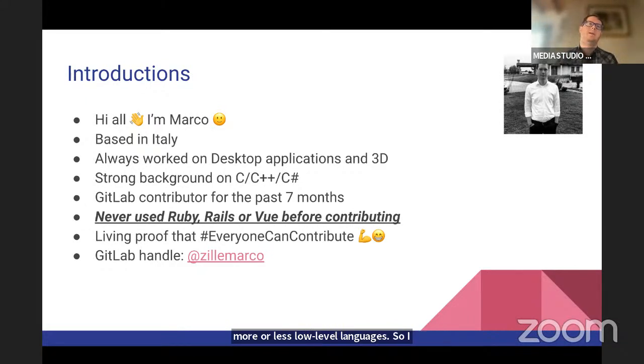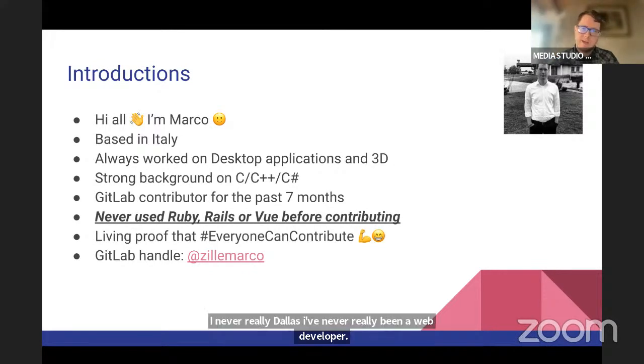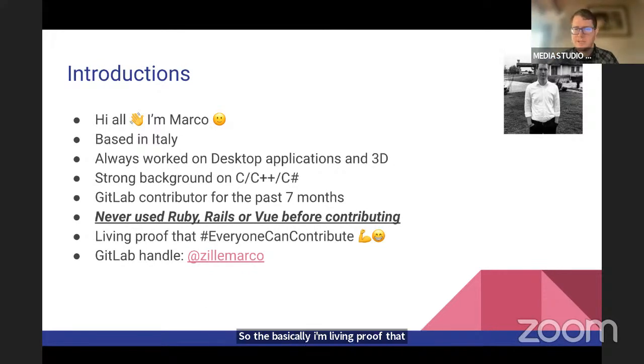I've never really been a web developer. So basically, I'm living proof that anyone can contribute to GitLab, because I didn't have any knowledge about Ruby on Rails, Vue, or anything that GitLab actually uses to develop GitLab.